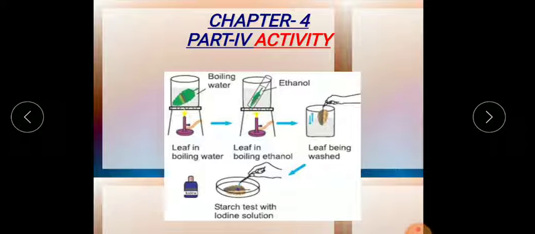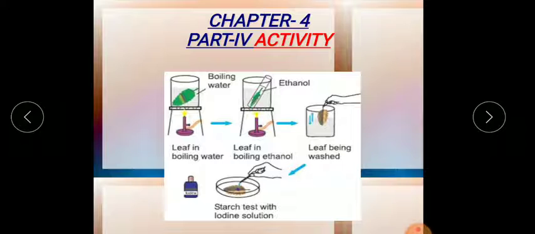Inside the test tube is ethanol, and we have placed it in a beaker filled with water. We are not heating it directly so that the alcohol will not catch fire. Now, what is the effect of alcohol on the leaf?